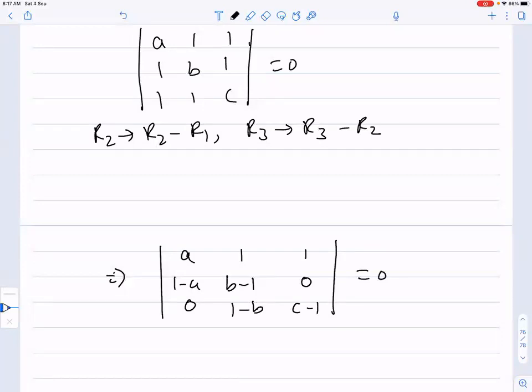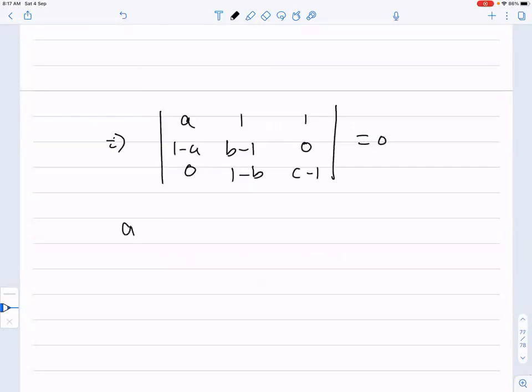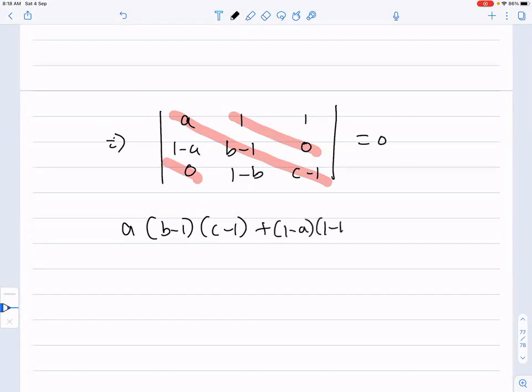Now expand. If you expand, what will you get? That will give you a into b minus 1 into c minus 1. I will use Sarrus expansion, that is also fine. a into b minus 1 into c minus 1, plus 0, plus 1 minus a into 1 minus b.